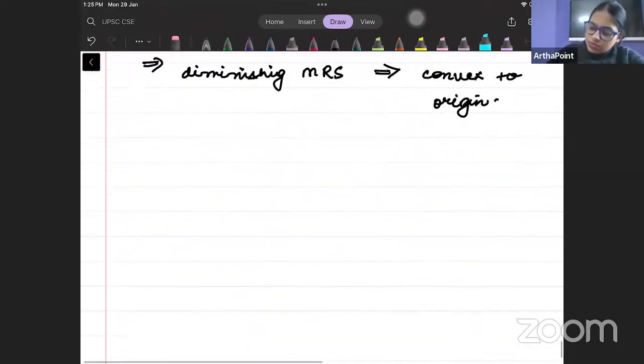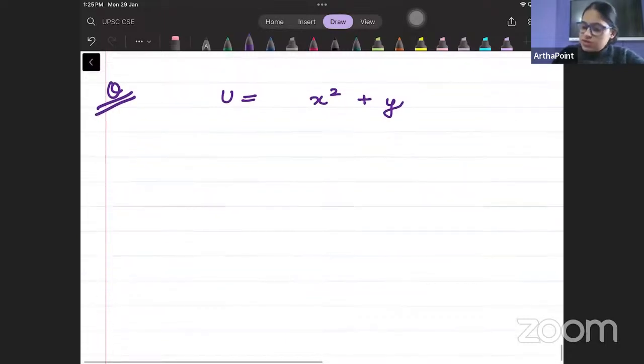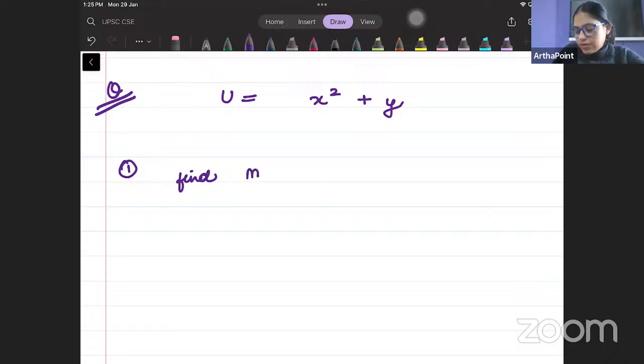Now, let us go ahead and take one more example and try to solve this question. So I'm giving you example number 2. Your utility function is x square plus y. Solve it yourself. Step 1. Find MRS. MRS क्या बेटा?